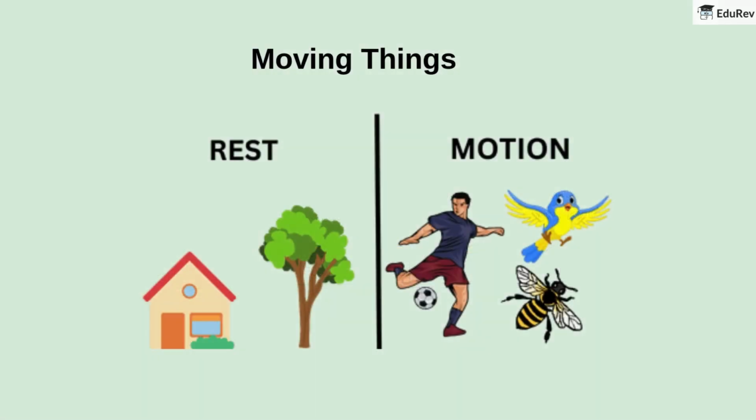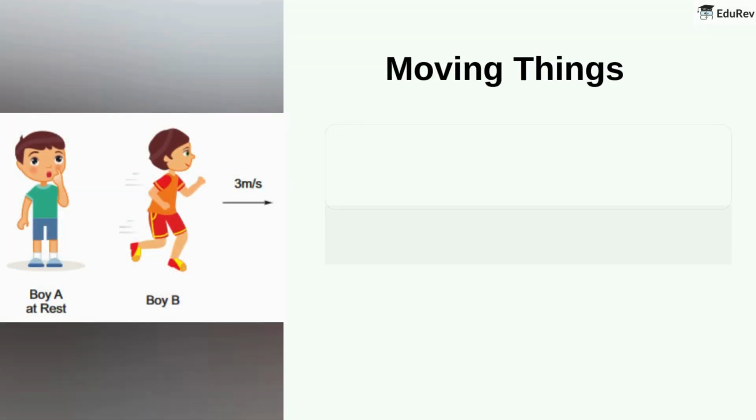Now, let's think about what happens when objects are at rest versus when they're in motion. Moving things. Look around you. Do you see anything moving? Maybe a bird flying or a fan spinning. When an object changes its position over time, it's in motion.